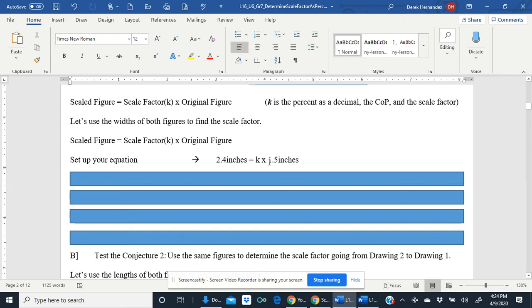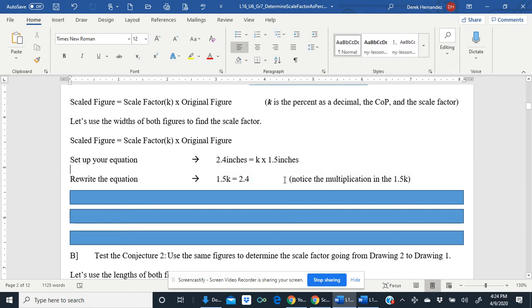Set up your equation with your values. 2.4 came from the width of the scaled figure, and 1.5 inches came from the width of the original figure. 2.4 inches is equal to k times 1.5 inches. Rewrite the equation so that the variable k is on the left-hand side. I like to keep it on the left-hand side. 1.5k is equal to 2.4. Again, notice the multiplication in the 1.5 times k.